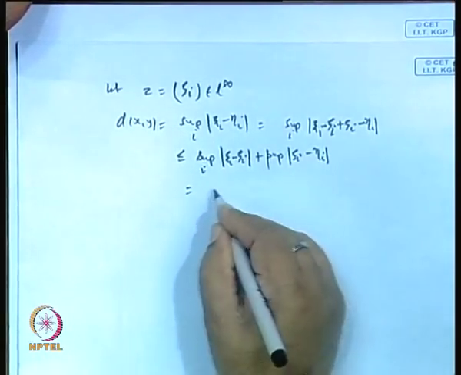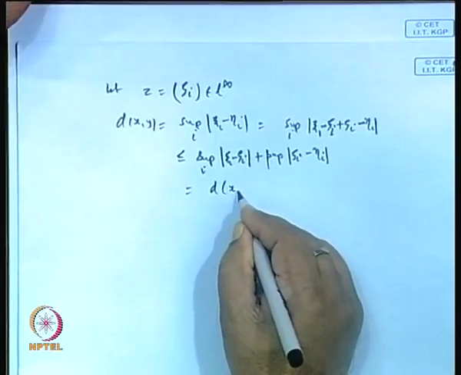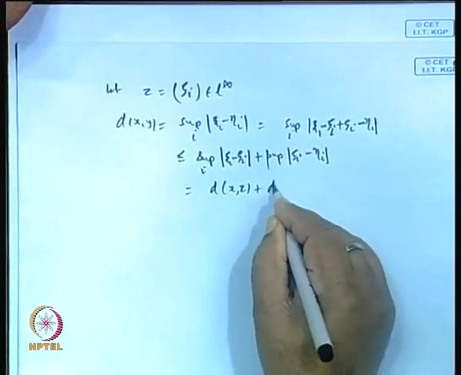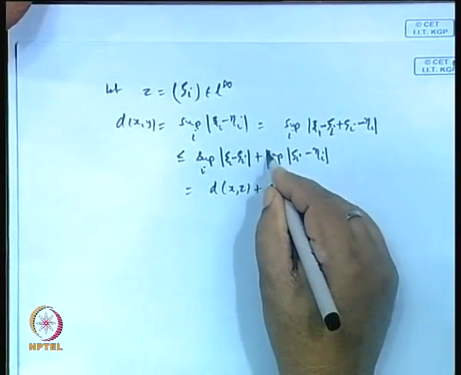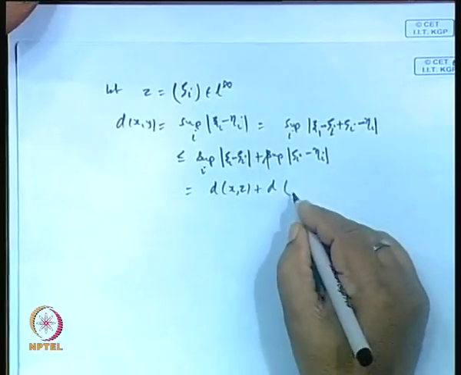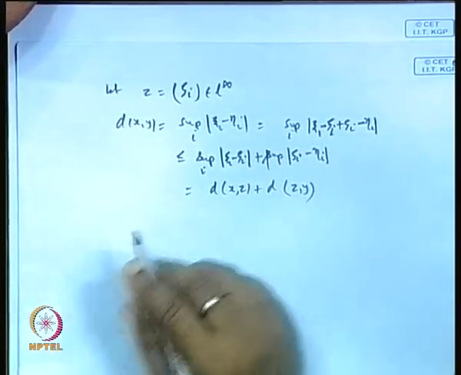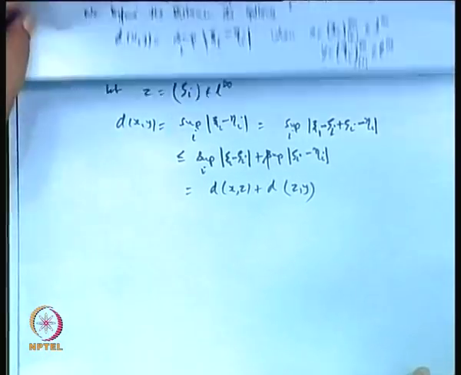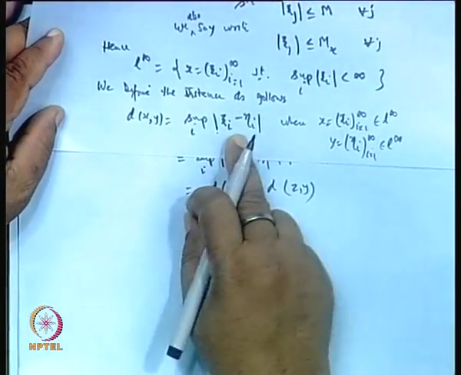Now, this is again d of x z plus d of z y. So, the triangle inequality is satisfied by this function.